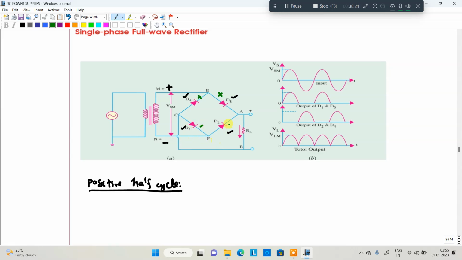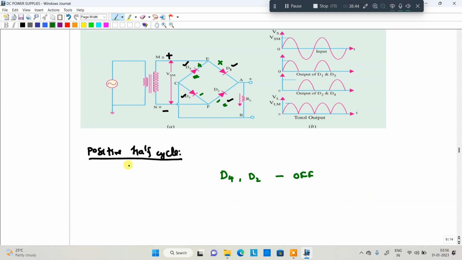This negative terminal is connected here. Okay, got my point. That means this particular D4 is reverse biased as well as D2 is reverse biased. So D4, D2 are off state. Got my point. Next, D1 and then D3 are on state. That is forward bias.